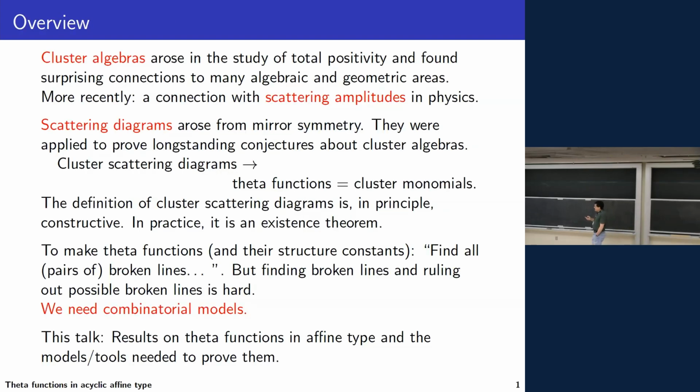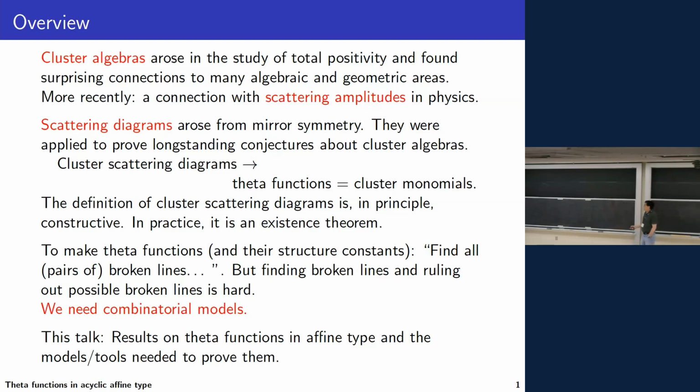So the overview of the talk: cluster algebras came from the study of total positivity and then, as you know, found a lot of applications and connections everywhere. Everywhere might be a tiny overstatement, but more recently there's been a connection with scattering amplitudes in physics, what happens when two particles collide. Scattering diagrams, despite the similar name to scattering amplitudes, are a different thing, but they arose in mirror symmetry, and they were applied by Gross, Hacking, Keel and Kontsevich to prove some long-standing structural conjectures about cluster algebras.